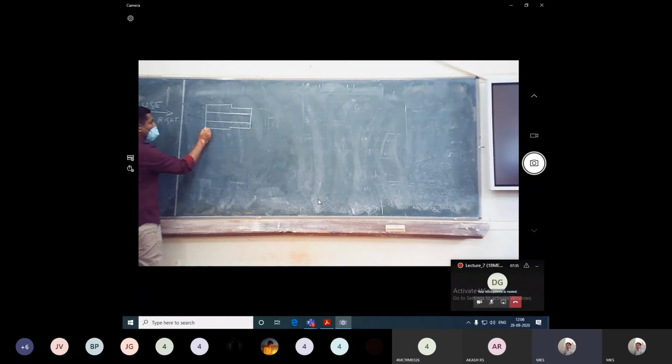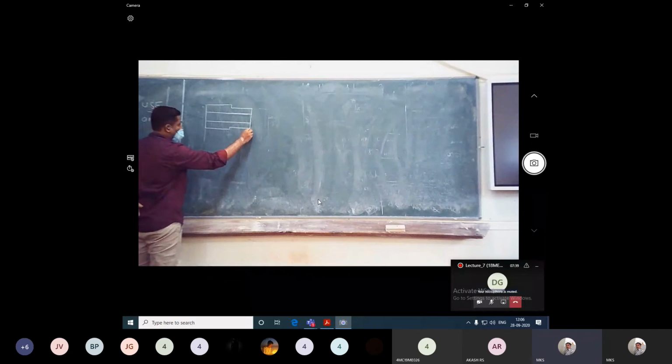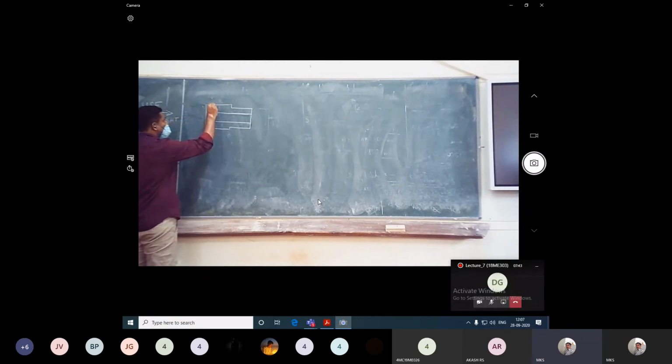So this is the given problem statement. So we have a bar of total 6 meter length. First it is having a diameter of, so this diameter is how much?